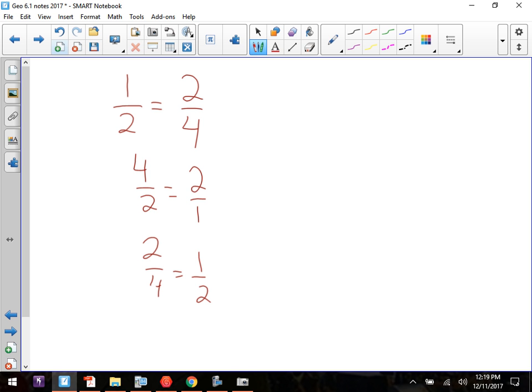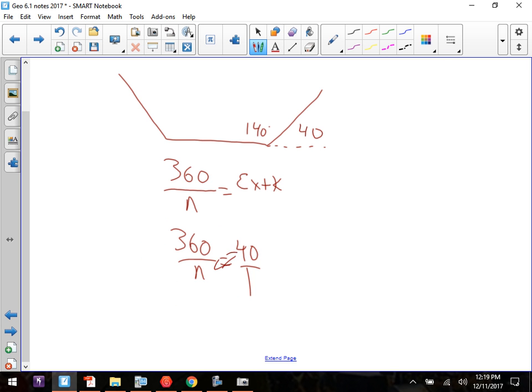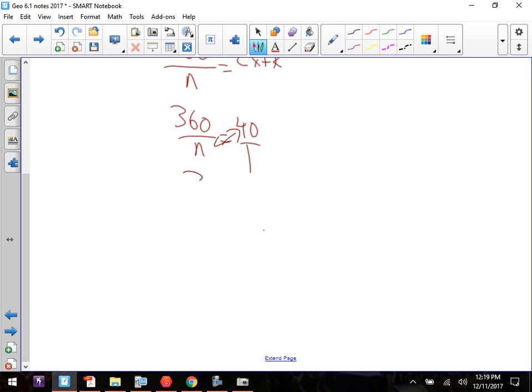Does that change? As long as I take what's called a proportion, two ratios that are equal to each other, as long as I do the same thing to both of them, we'll always get a true statement. So the idea that just flipping these is why it works. 360 divided by, let's touch on the sides here.